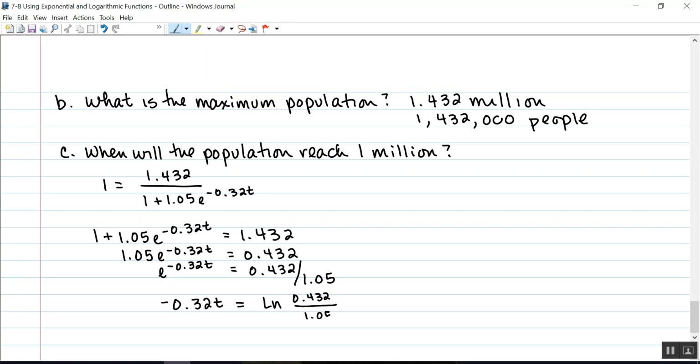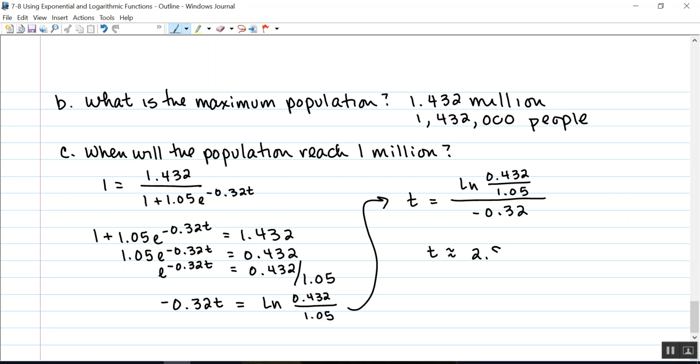And dividing both sides by -0.32, I'm going to get the natural log of that, the whole thing divided by -0.32. Again, lots of parentheses in your calculator. So t is approximately 2.8 years.